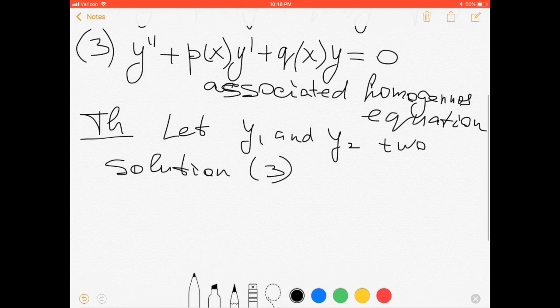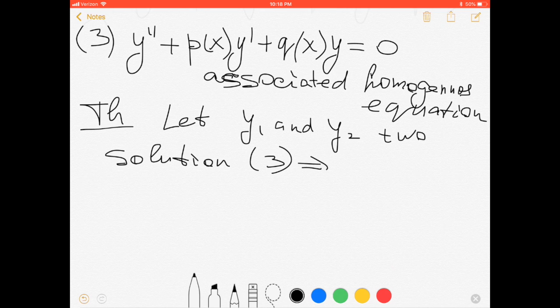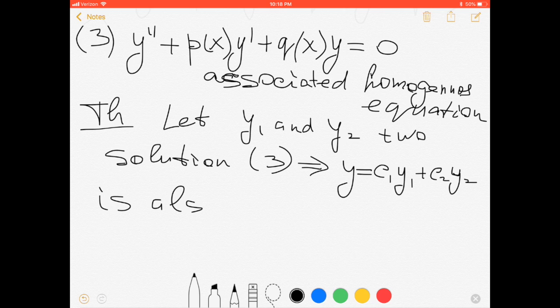Then the function y equals c1 y1 plus c2 y2 is also a solution of equation 3.